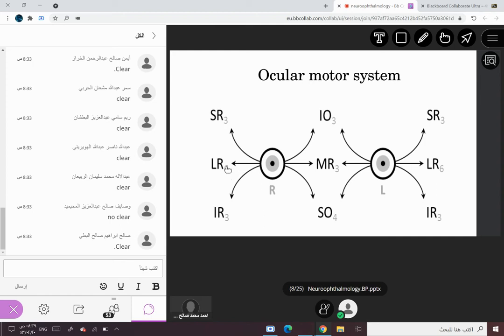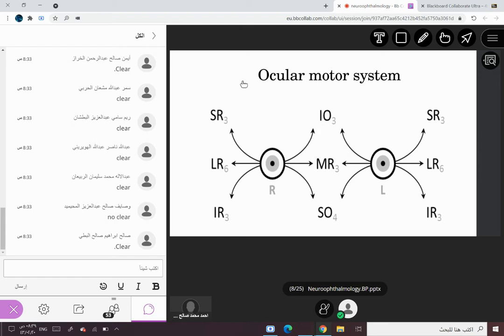The lateral rectus is supplied by the 6th cranial nerve, and the superior oblique is supplied by the 4th cranial nerve. Okay, agreed? Let's take this example. This is superior rectus, this is inferior rectus, this is lateral rectus, this is medial rectus, this is inferior oblique, this is superior oblique.